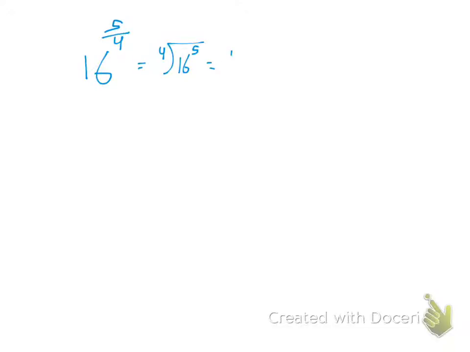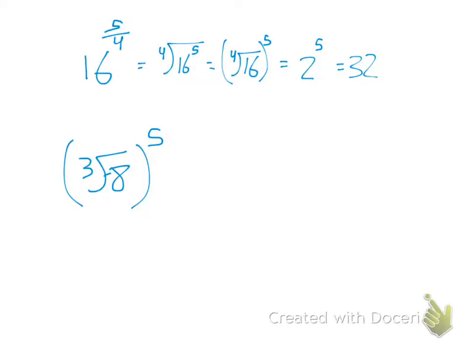What's the 4th root of 16? What times itself 4 times is 16? It's 2. So that means it's 2 to the 5th power, and what's 2 to the 5th power? 32. You guys just did that without a calculator. That's how much easier it can be knowing that you can switch from one form to the other.